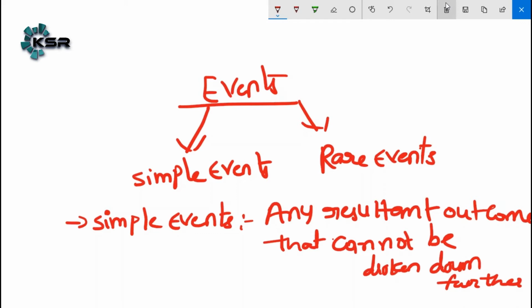Head or tail. Is it possible to divide head and tail? No, right? We may get the head or we may get the tail, either one. It is not possible to break down head or tail further. Those events are called simple events.